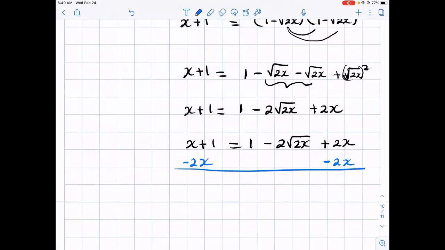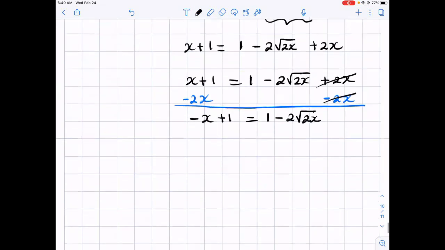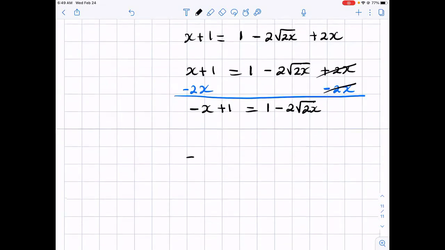If we do this, we have x minus 2x becomes minus x plus 1. And that is equal to 1 minus 2 the root of 2x. The plus 2x and the minus 2x cancel out. So we have minus x plus 1.